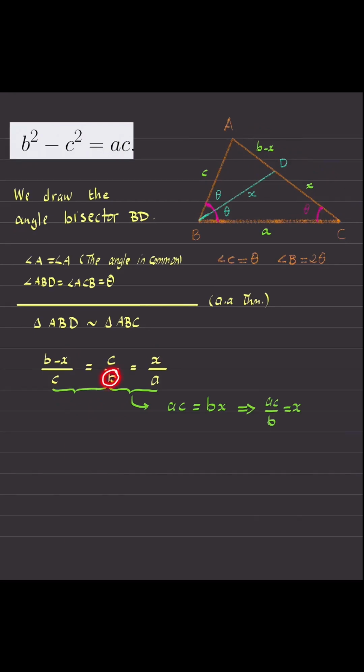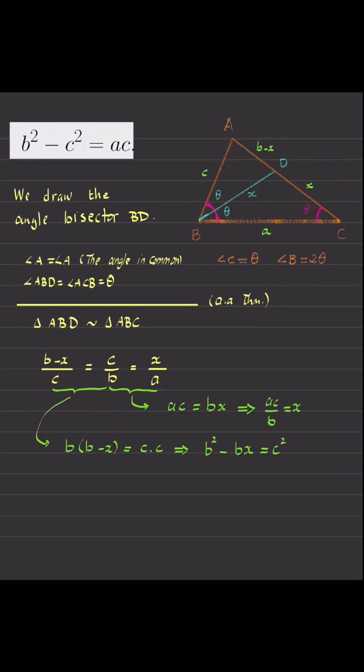B times the whole combination becomes C times C. So this means that B times B minus X becomes equal to C times C. I multiply B inside the brackets, so it becomes B squared minus BX. On the right hand side, I will have C squared.